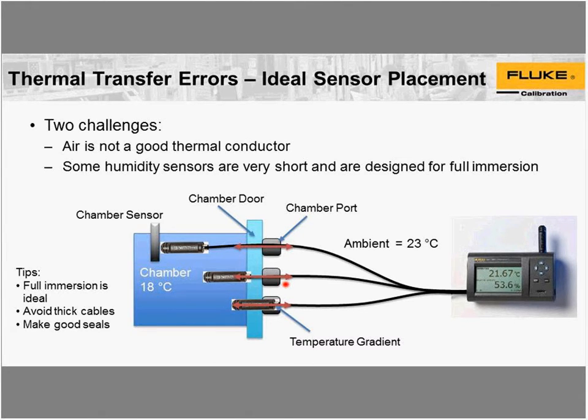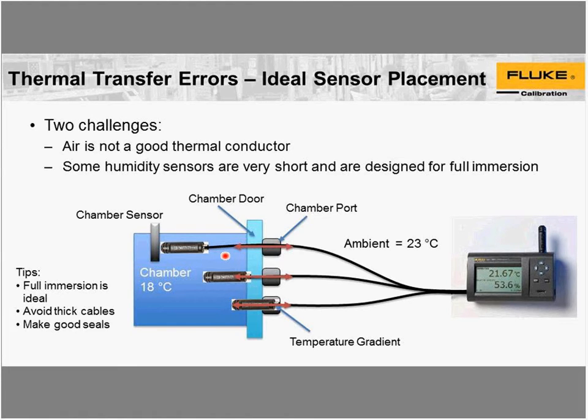The center one probably is okay, since the red arrow doesn't go all the way to the end of the sensor where the temperature and humidity sensors are. And then the top is the ideal one if that's possible, but it's not always possible with sensors to have that luxury.